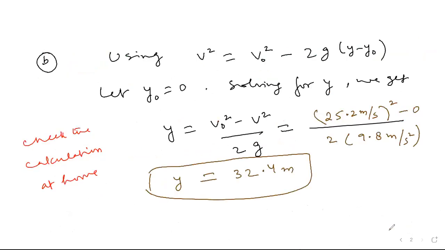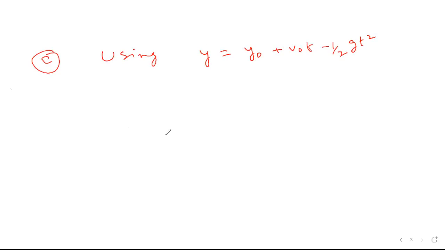So let us move for the solution of part C. Let me use the next page, part C. So we will make use of this equation, y is equal to y naught plus v naught t minus half gt square. y is final y coordinate, y naught is initial y coordinate, v naught is initial velocity, and t is time.